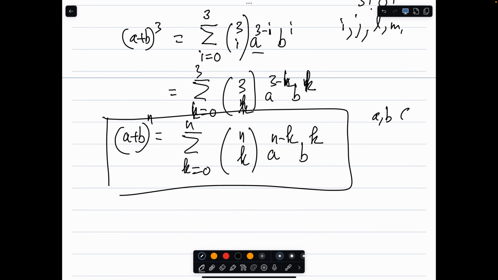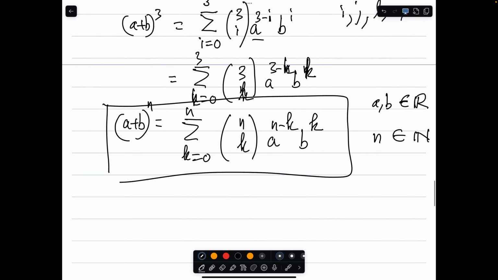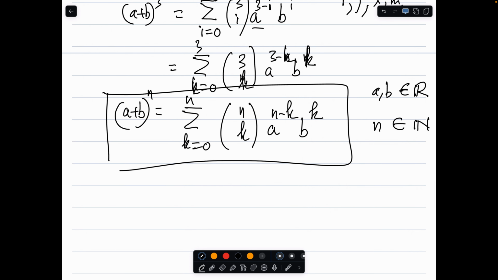Here a and b are real numbers, n is a natural number. So this is how they write the binomial theorem. For a and b two real numbers, and n a natural number, the binomial expansion (a+b)^n is equal to the sum, or can be written as this.